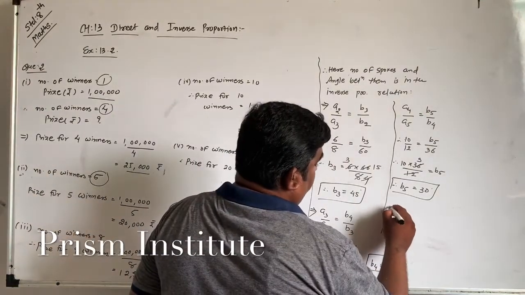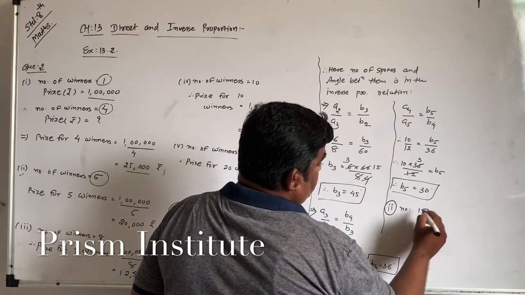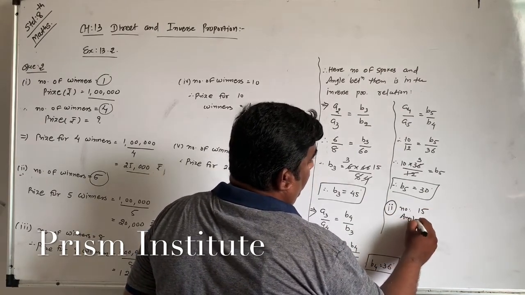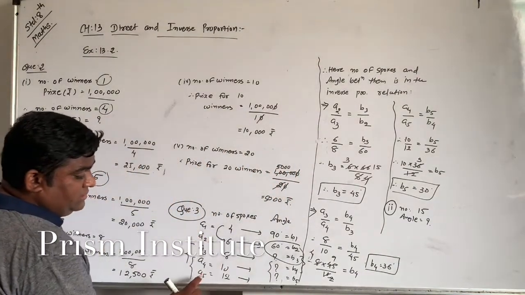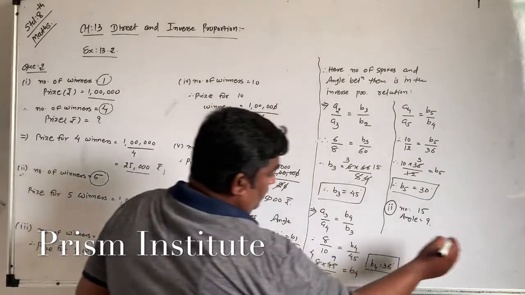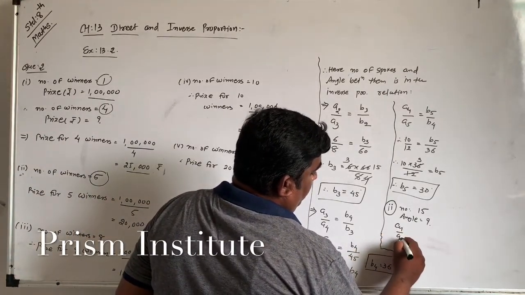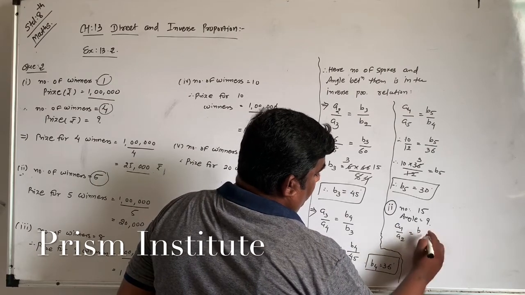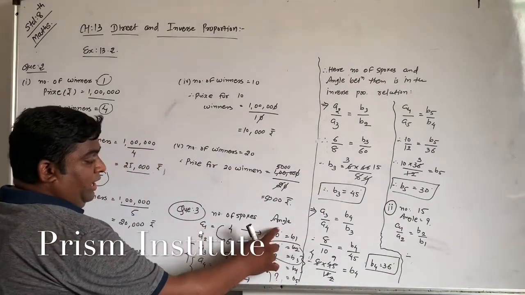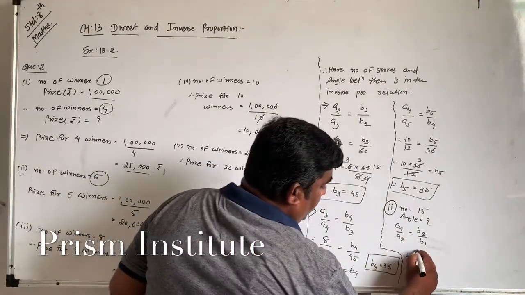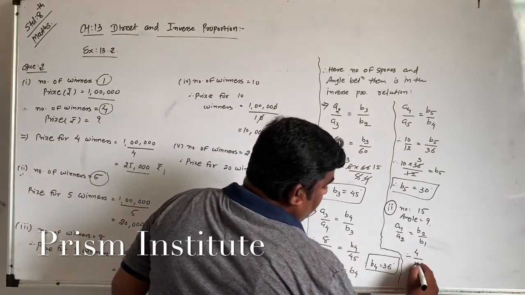Okay, so here the number of spokes is 15, and we want to find the angle. Just use this: A1 upon A2 equals B2 upon B1. Here A1 and B1 are 4 and 90. So put A1 as 4. Now A2 is the number of spokes, so in our case that is 15.